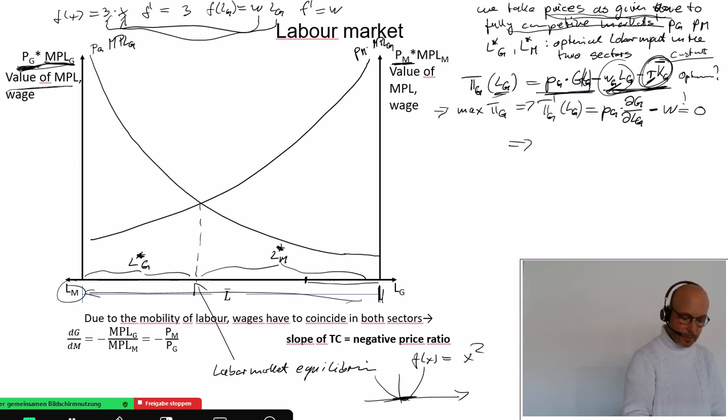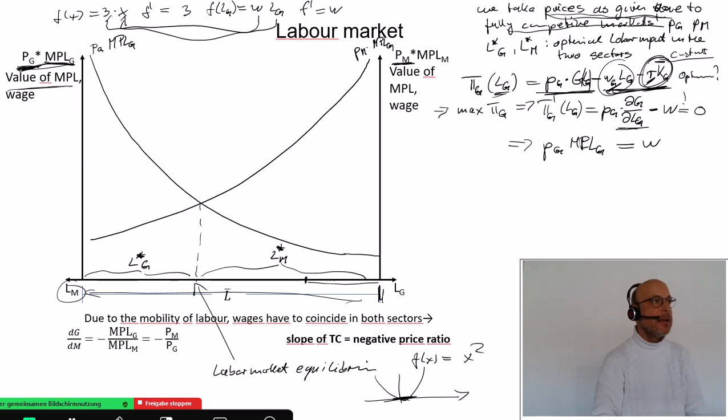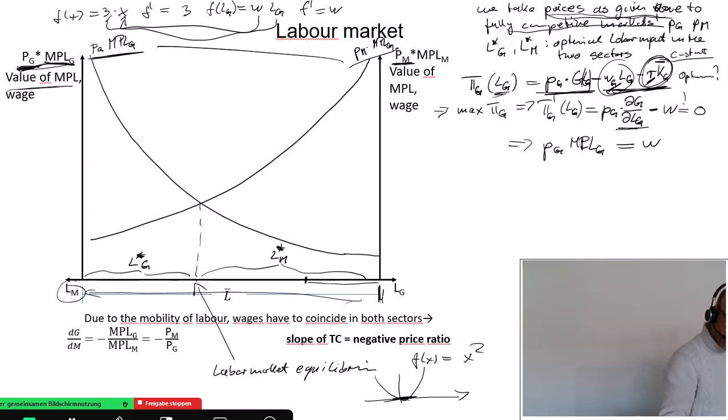Then what we see, this is our marginal product. So we have PG times marginal product of labor in the agricultural sector equals wages. So what I have drawn here more or less is nothing else than the labor demand function. So these two are labor demand functions.